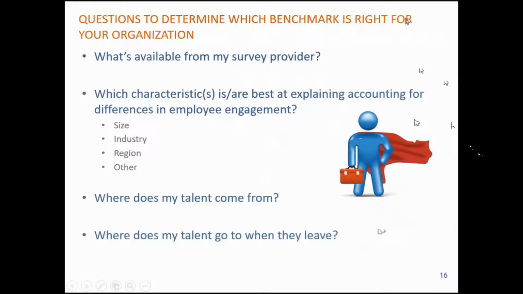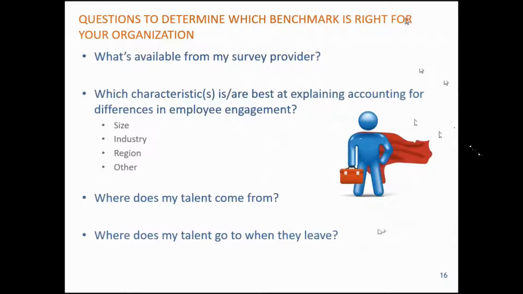But the two most important questions that you should be looking at in terms of evaluating your benchmark, think about it for a second, ladies and gentlemen. What you're trying to do in terms of comparing your employee engagement is ultimately improve and increase the number of people in your organization who are engaged.